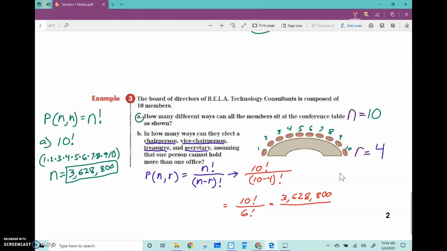And in your calculator, you'll just have to type out 6 factorial, which is just 1 times 2 times 3 times 4 times 5 times 6, which is 720. And once you do the division, you end up with 5040.